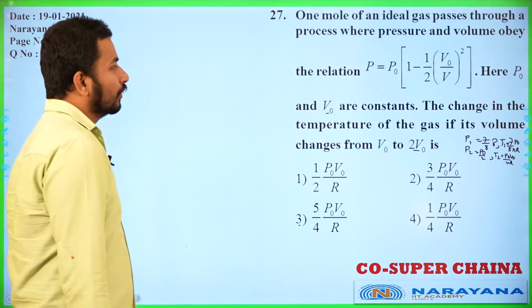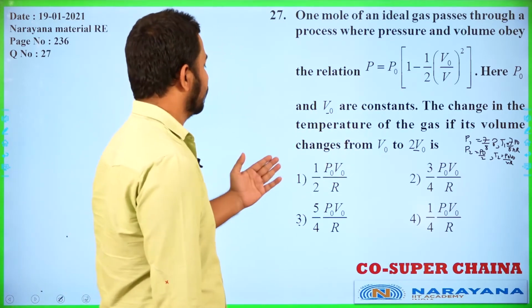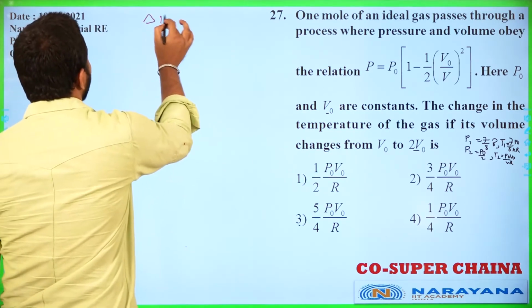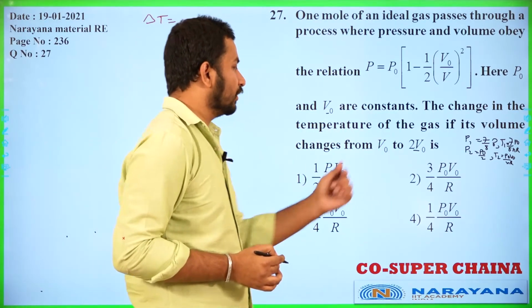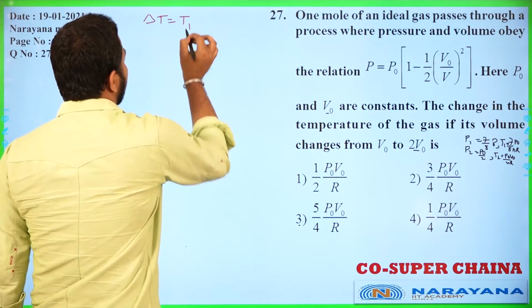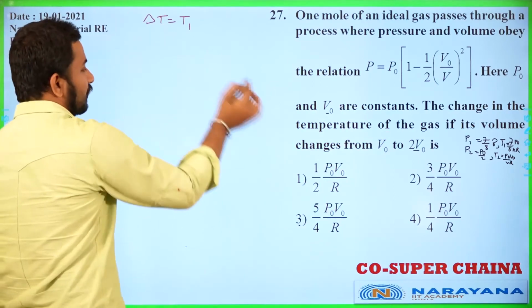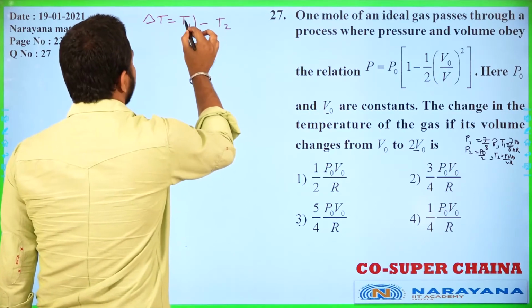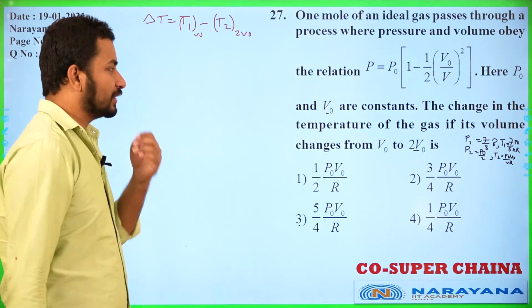We have to find the change in temperature of the gas, that is delta T, when the volume changes from V0 to 2V0. So T1 is the temperature at V0 minus T2 the temperature at 2V0. This change I have to calculate, students.